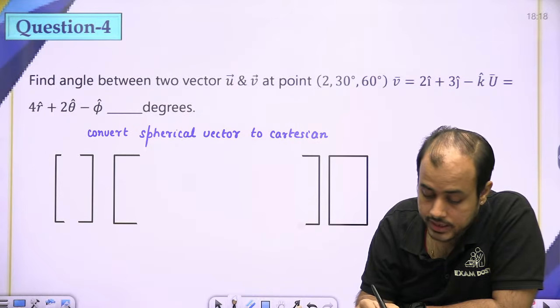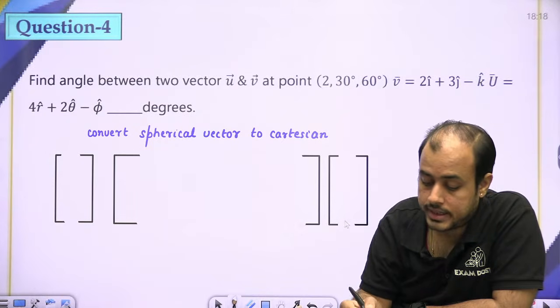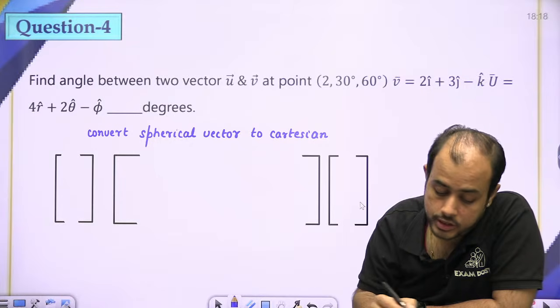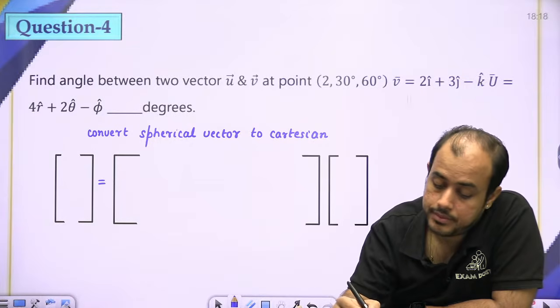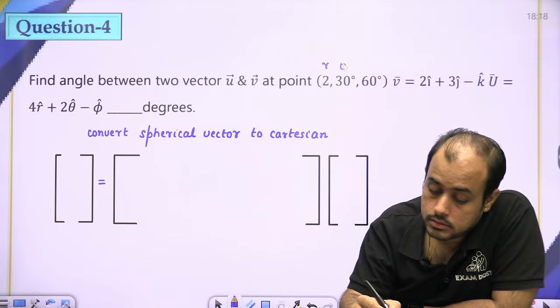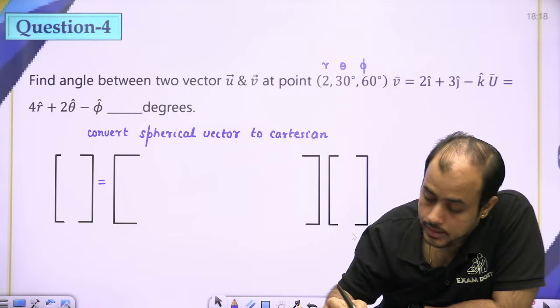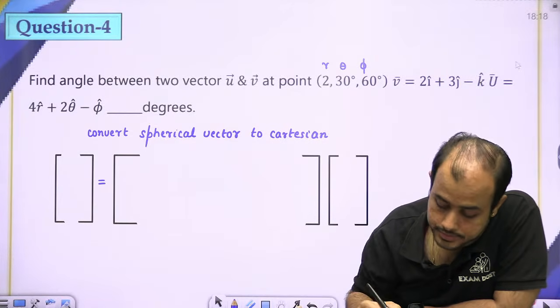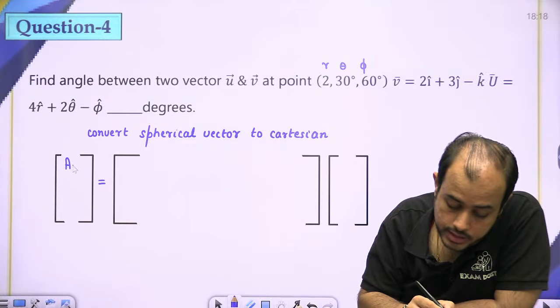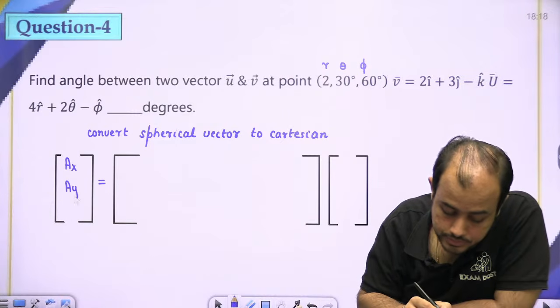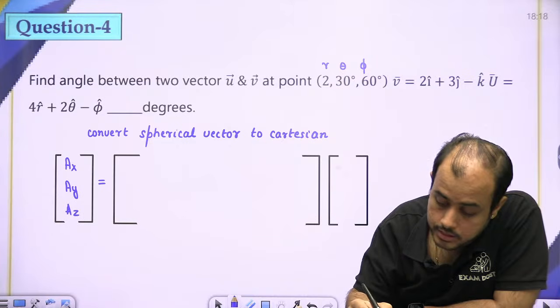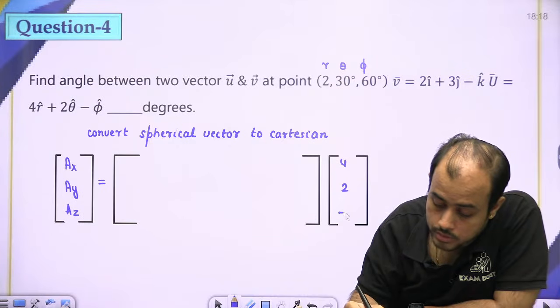Now, why have they given the point? Because the matrix depends on the value of r, theta, phi. Now, how to convert, beta? The vector is 4, 2, -1.